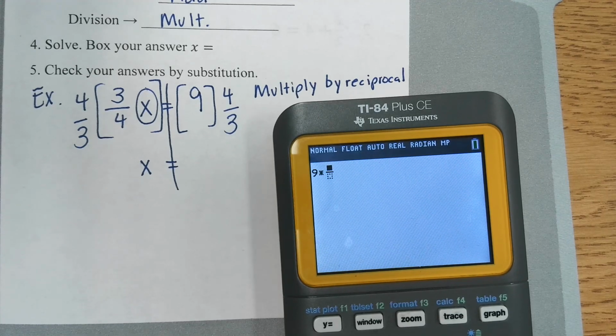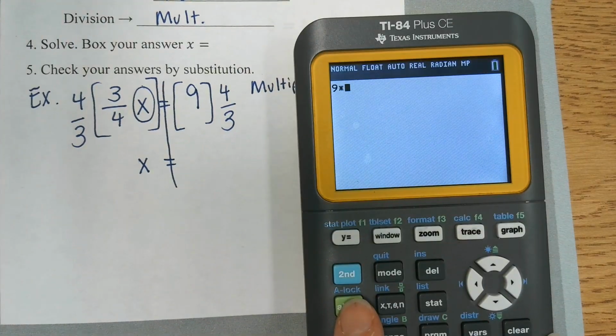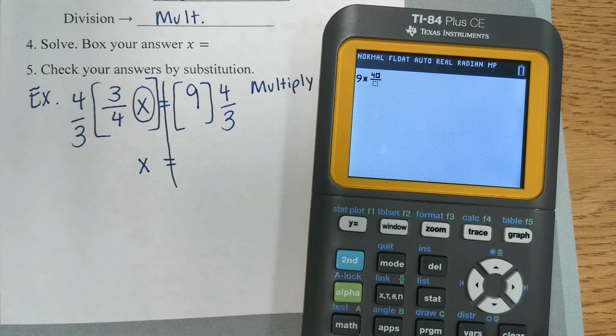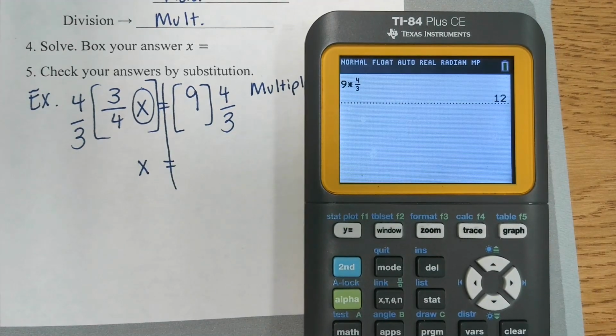Push enter. Put 4/3. Raise your hand if you need to see that again. Okay. So I do 9 times. To get the fraction, I do alpha, which is the green button, y equals. And I'm going to do 4/3. And that gives me 12.